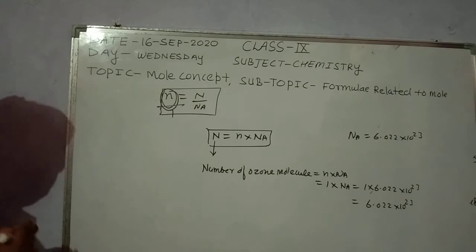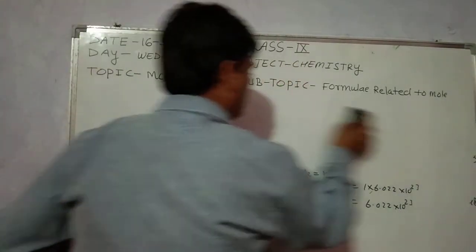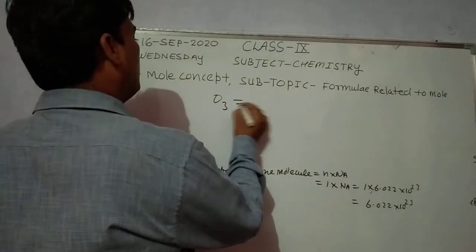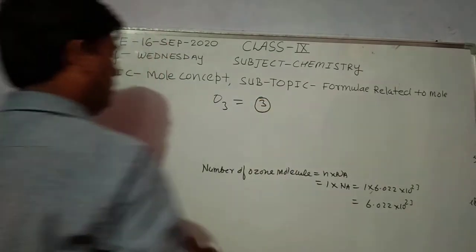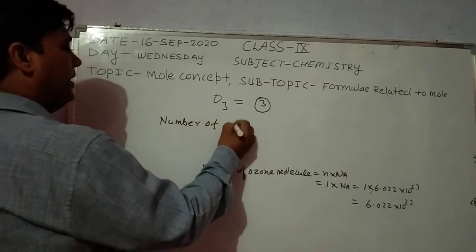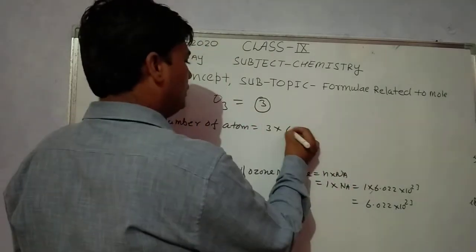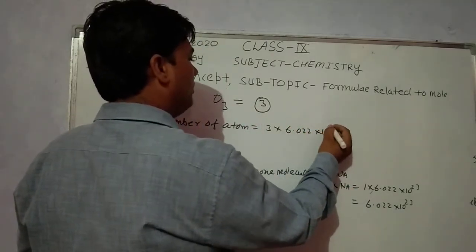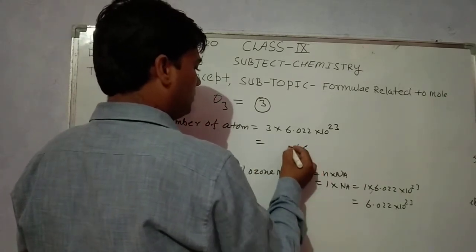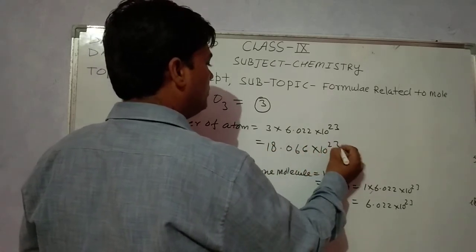Next is the number of atoms, because the question asks to calculate the number of atoms. In O3, the total number of atoms is equal to 3. So the number of atoms is equal to 3 into the number of molecules, 6.022 into 10 to the power 23. 3 sixes are 18, into 10 to the power 23.